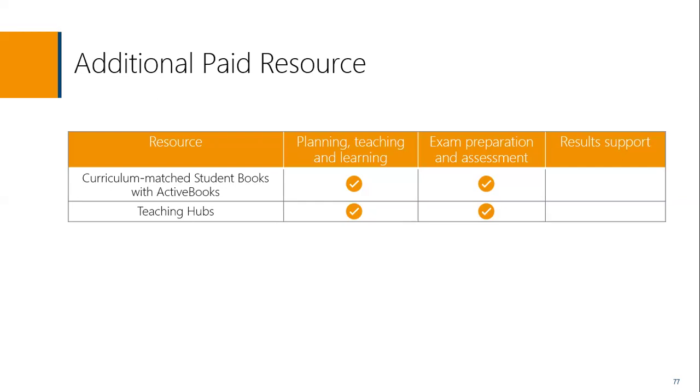Each student book gives 3-year access to an active book, which is a digital version of the student book, which can be accessed anywhere online and supports learning beyond the classroom. Pearson also have brand new teaching hubs platforms, one for biology, one for chemistry, and one for physics, designed to save teachers time and help them deliver high quality lessons.